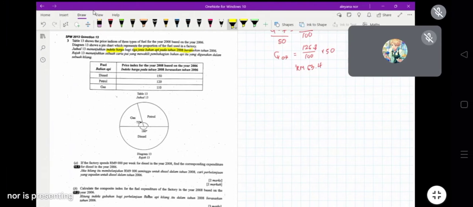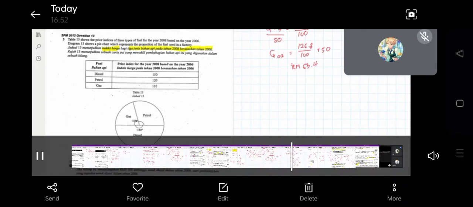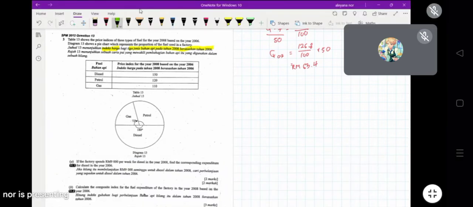What you're going to do is put 2008 based on 2006, because that's the price indices, multiplied by 100 equals 150. Why is it 150, you may ask? Because 150 is the price index for diesel. So you just substitute your 9,000 in the year of 2008.